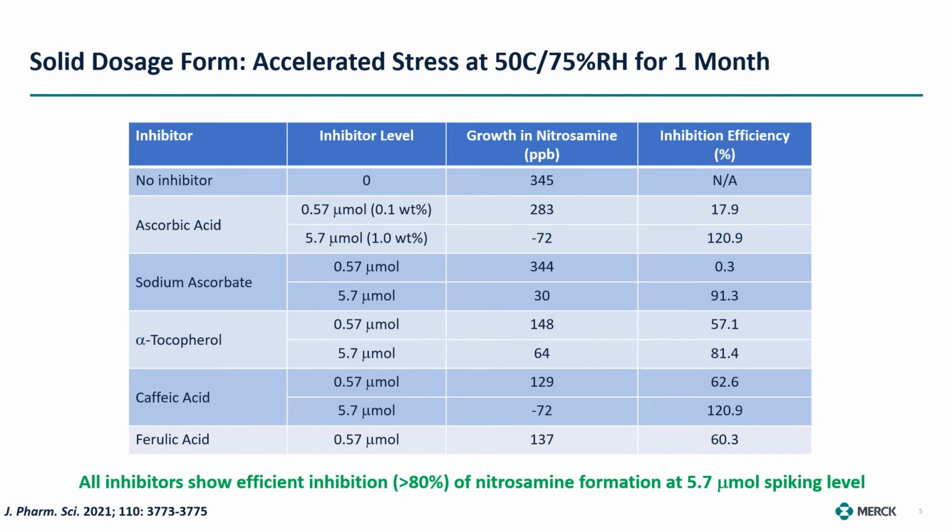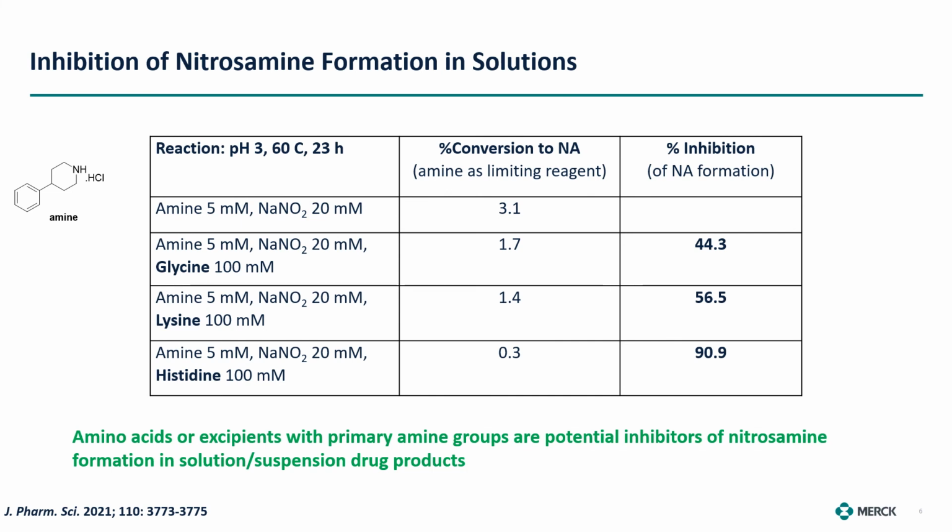But what happens in solutions or suspension, because we market drugs in solution and suspension too. For that demonstration, we used again the same drug, same amine, and this is the reaction condition we used: pH 3, 60 degrees Celsius, 23 hours.